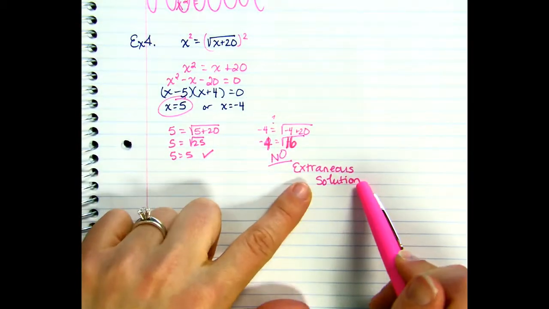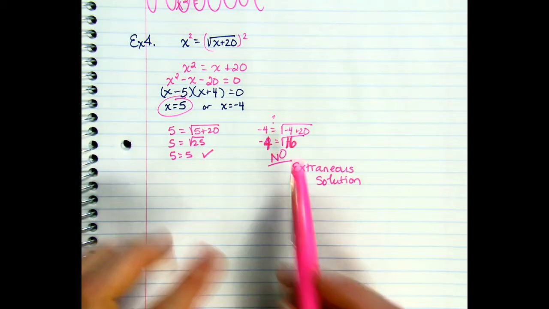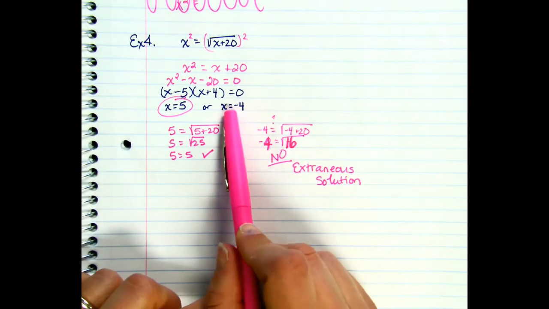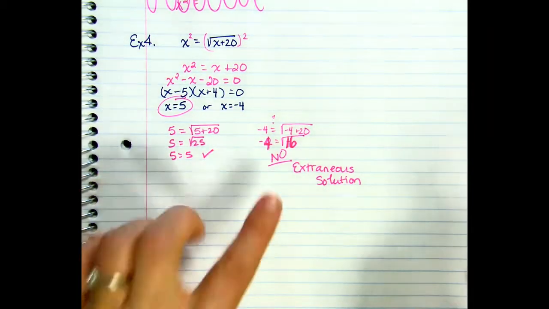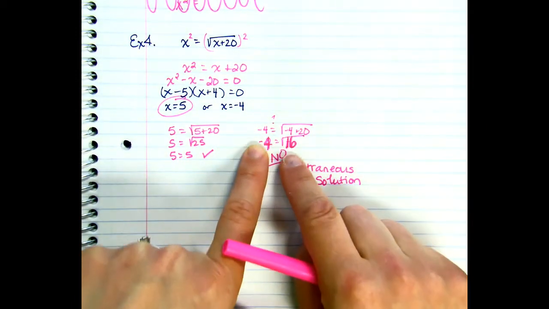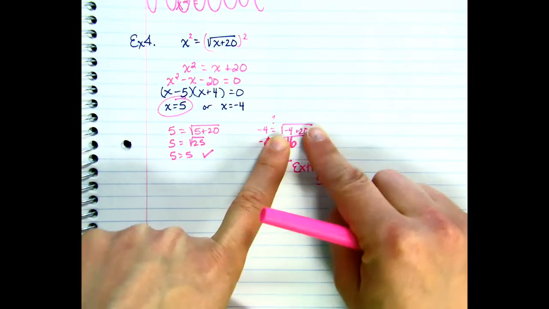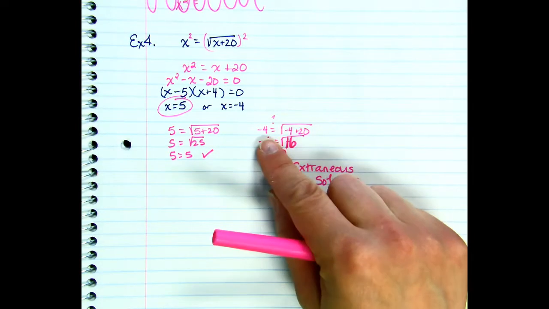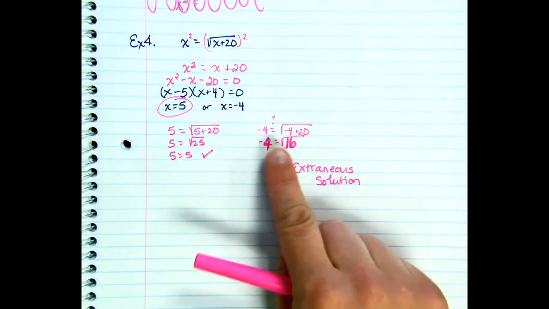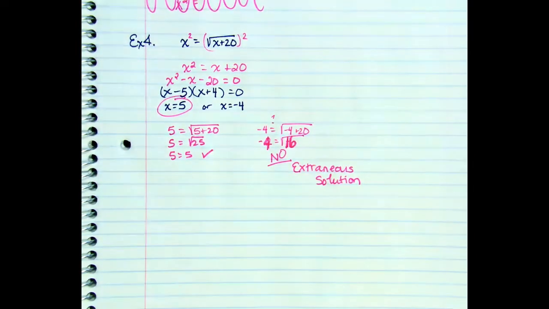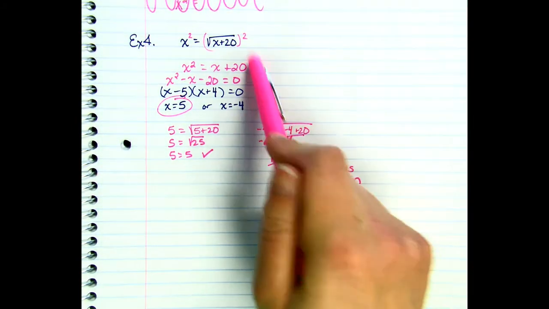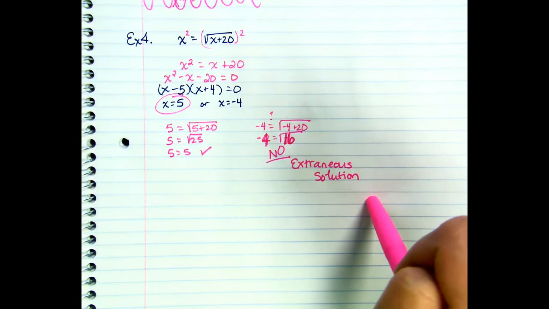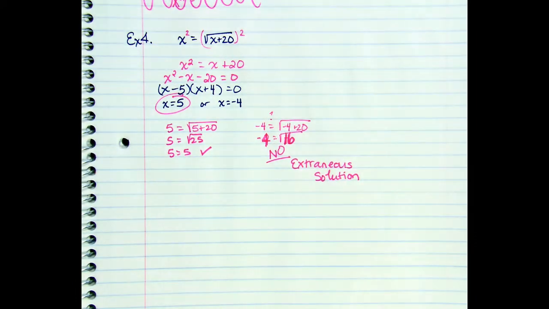In this case, negative 4 is our extraneous solution. If we end up with an answer that doesn't work, we know square roots can only give us a positive answer, so we call that extra one an extraneous solution. You actually need to go through and check all of your answers to make sure we're not getting something that's extraneous.